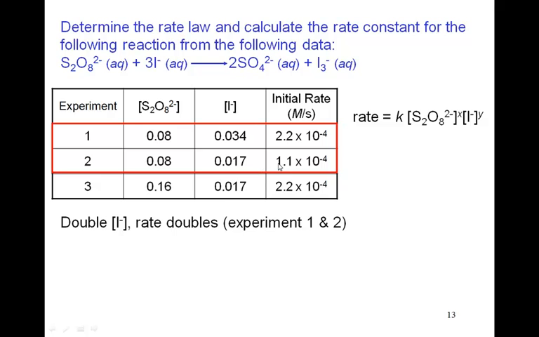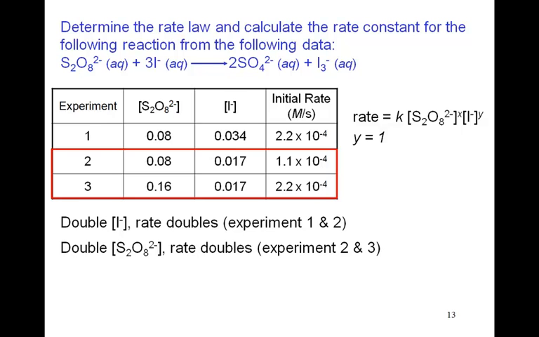And if we look at the rates, we see that the rate has also doubled. So the concentration doubled, the rate doubled. So if we double the concentration of I-, the rate doubles between experiment 1 and experiment 2, and that must mean that the value of y is 1.